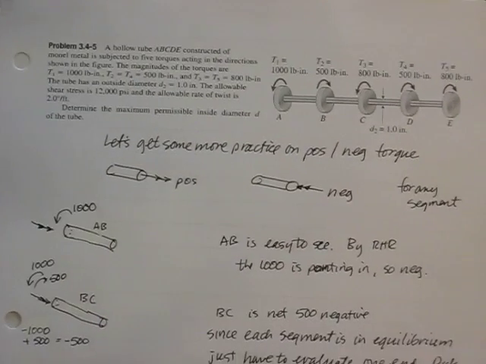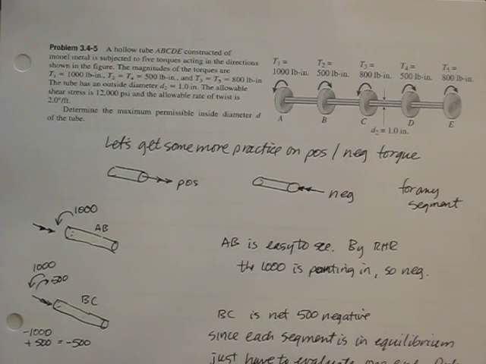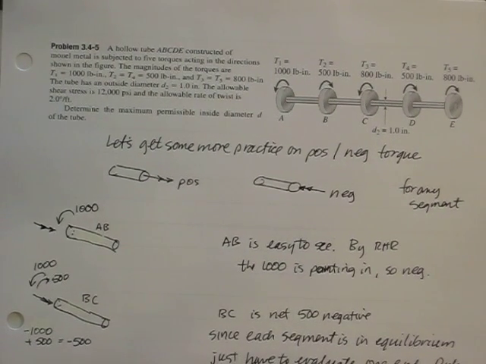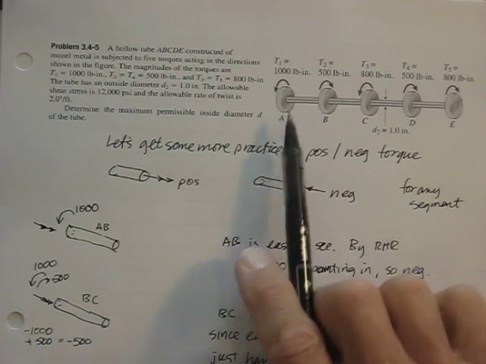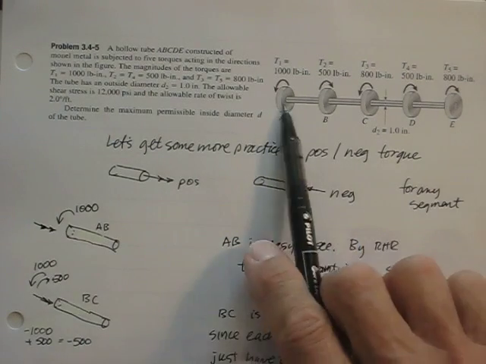Let's get a little more practice in doing torques and trying to figure them out. Here we have a tube, this is problem 3-3.4-5. Here's a single tube, but it's got lots of different torques.